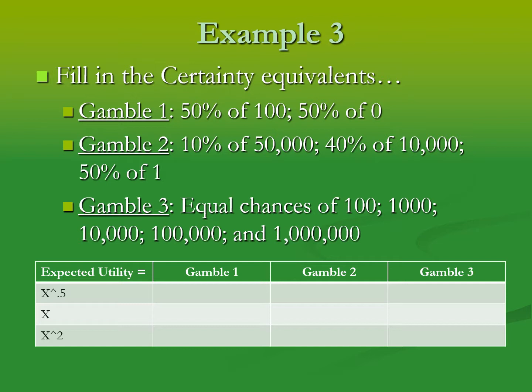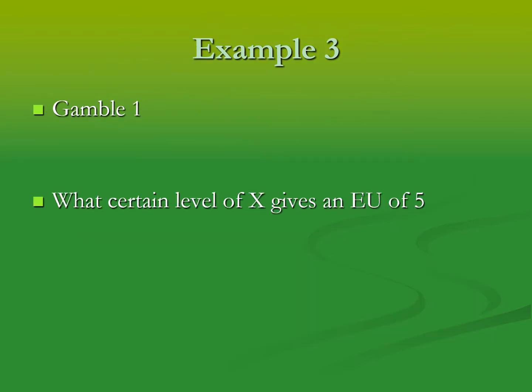So let's move to this next example of figuring out certainty equivalents. Imagine gamble 1. The expected utility that we have to find, that's our first step here, is we look at gamble 1 where we have a 50% payoff of $100 and a 50% payoff of 0.